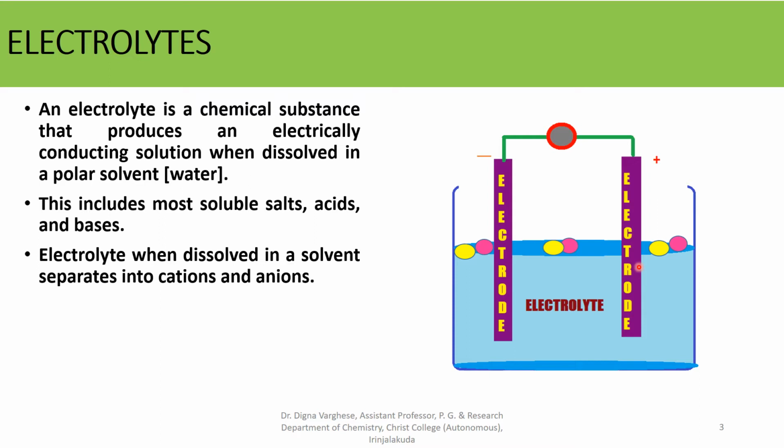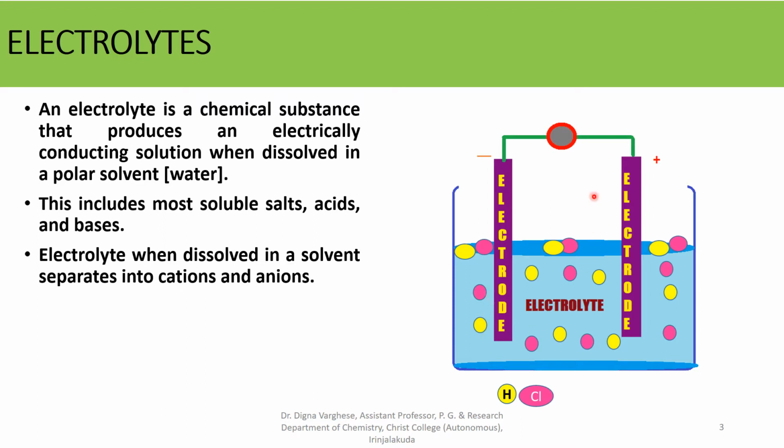When in contact with water, it dissociates into cations and anions. Cations are in yellow color, anions are in pink color. So the HCl molecule, when dissolved in water, breaks into cations and anions.